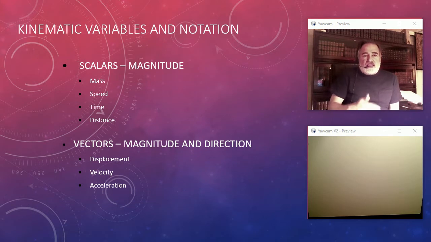Displacement is not only meters in terms of magnitude, but the direction. So the difference between speed and velocity is the directional quality to it. Acceleration is a change in velocity.